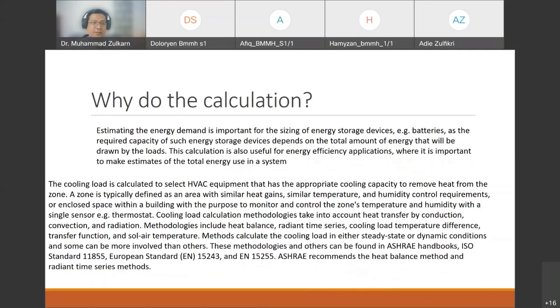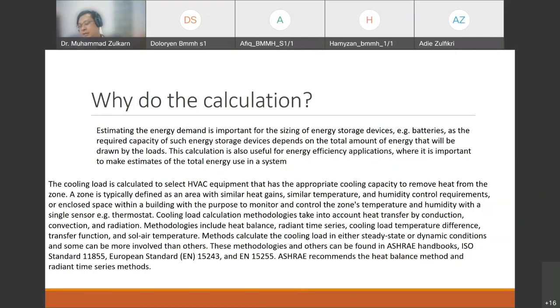So why do the calculation? Estimating the energy demand is important for the sizing of an energy storage device, for example a battery, as the required capacity of such a device depends on the total amount of energy that will be drawn by the load. This calculation is also useful for energy efficiency applications, where it is important to estimate the total energy used in the system.